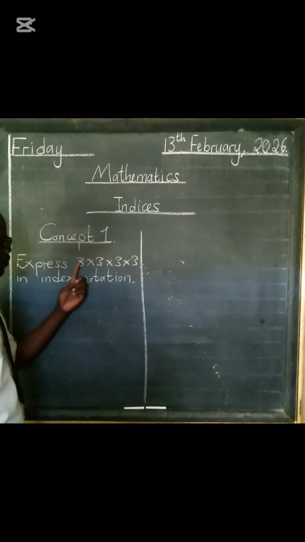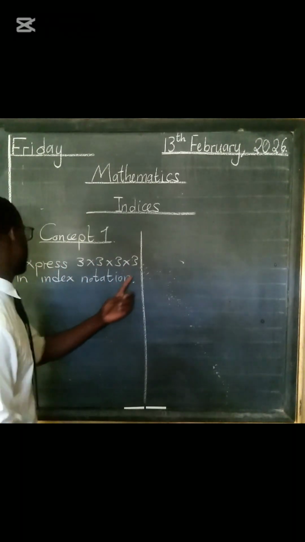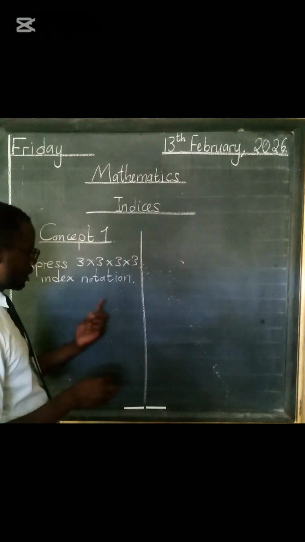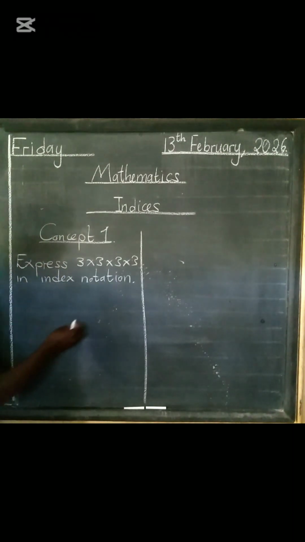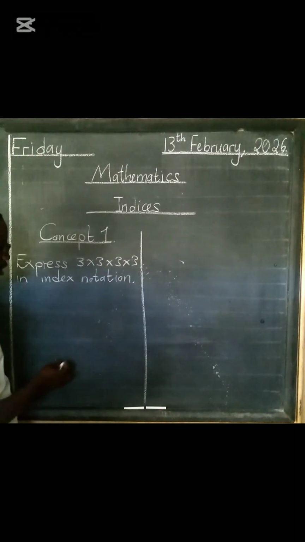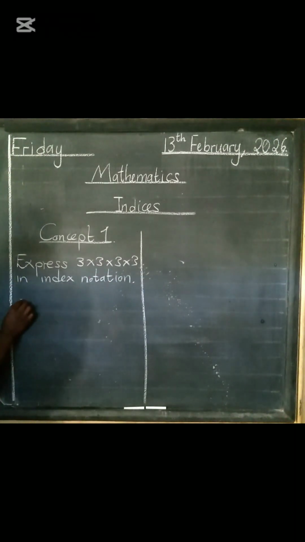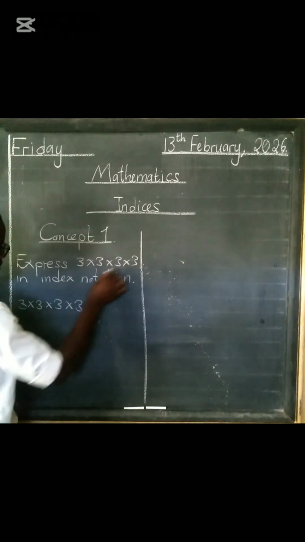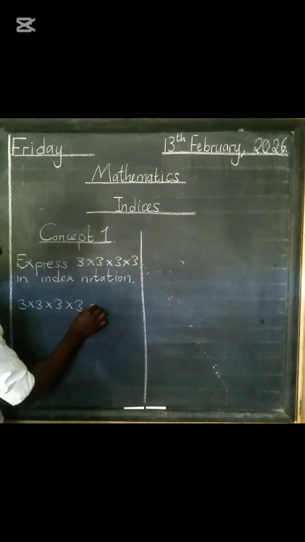So express 3 by 3 by 3 by 3 in index notation. What are we supposed to do to find the answer here? We are trying to write the short form for this expression. Like I showed you, 3 by 3 by 3 by 3, 1, 2, 3, 4.